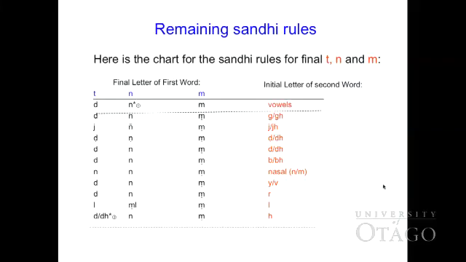Here is the chart for the sandhi rule for final T, N, and M. You see from this chart, the final letter of the first word is T or N or M, and the initial letter of the second word is as follows, such as vowels, ga, ja, cha, da, and etc. And the combination between sandhi, word by word, will come in this chart.